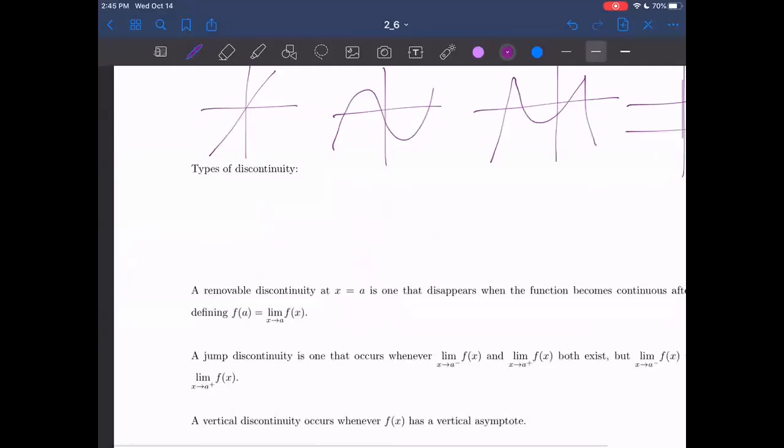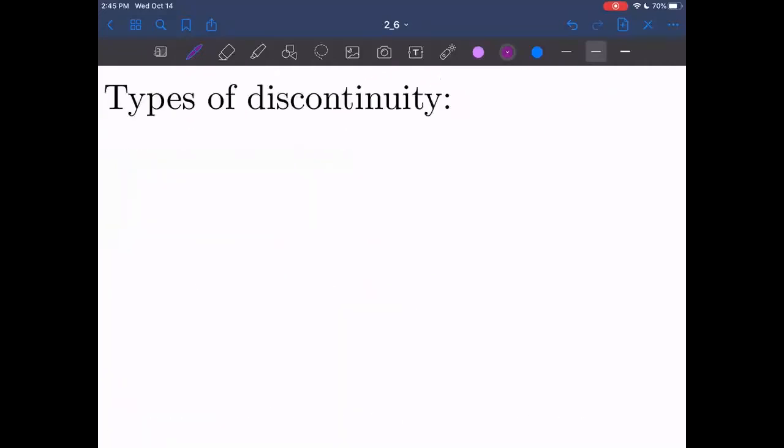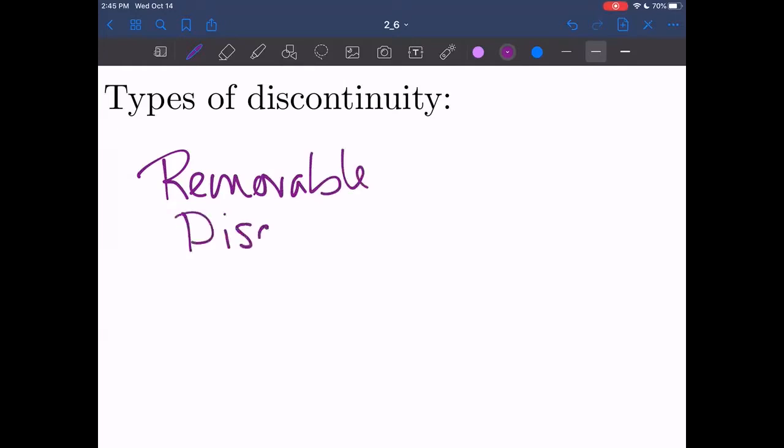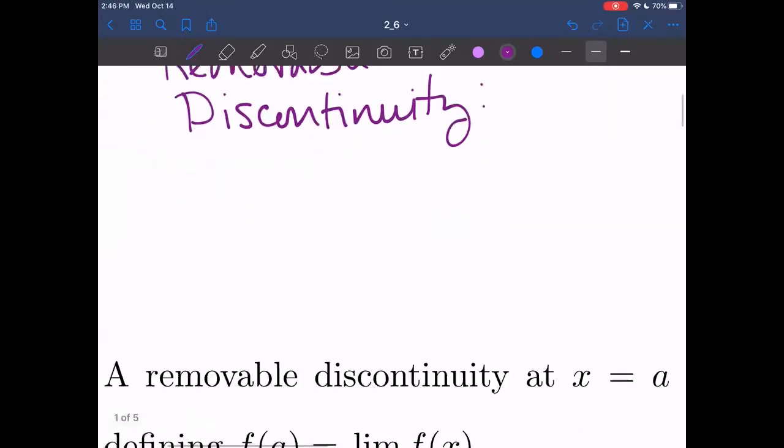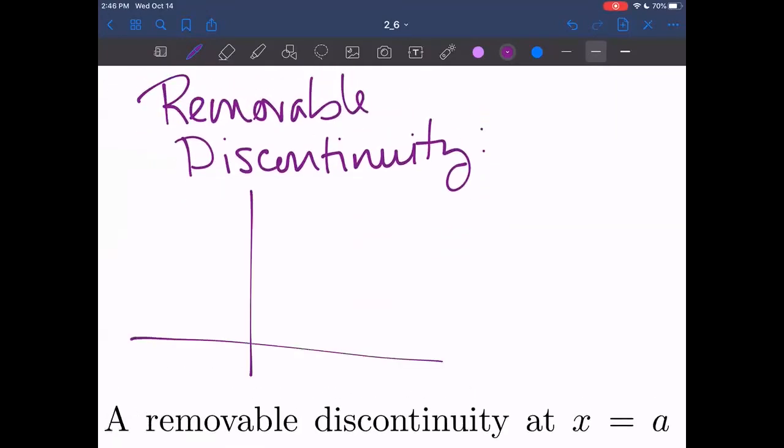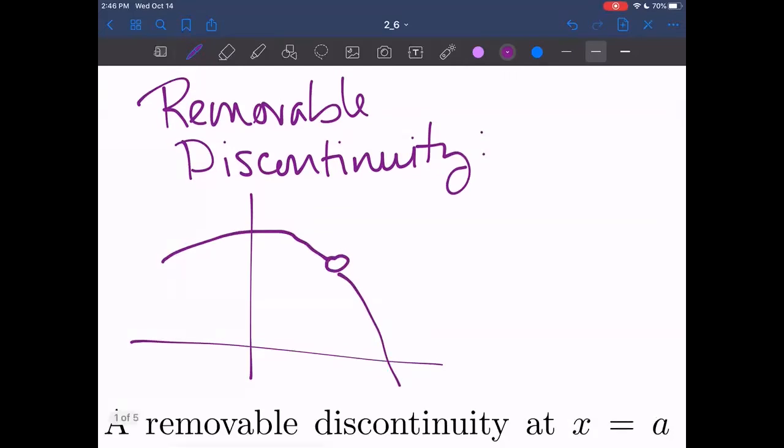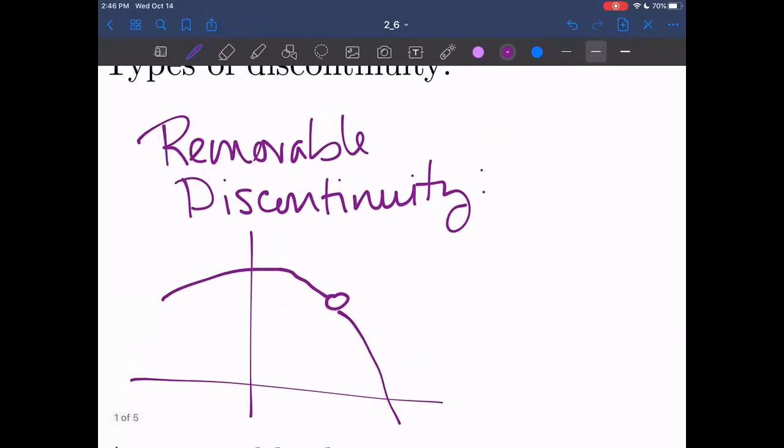And so then we've got different types of discontinuities. Our first type is called a removable discontinuity. That's just a basic hole. We're traveling along our function and we've got this big hole right here. That's a removable discontinuity. One way to think about it is that you've removed a piece of the function.